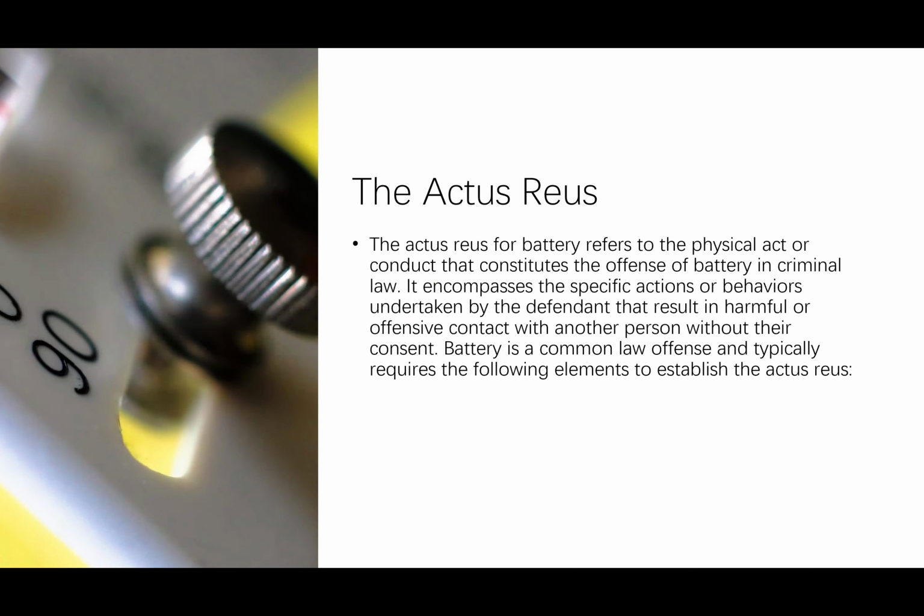The actus reus for battery now, we know the actus reus constitutes any type of physical action or any behaviors undertaken by the defendant that will result in the harm or offensive contact of another person. We're talking about actual physical contact that may harm another person. That is generally the actus reus here.